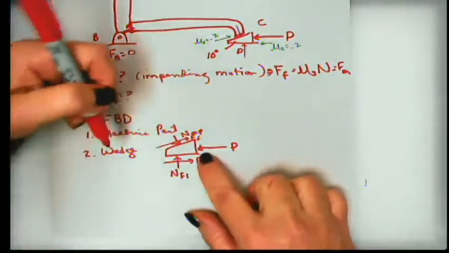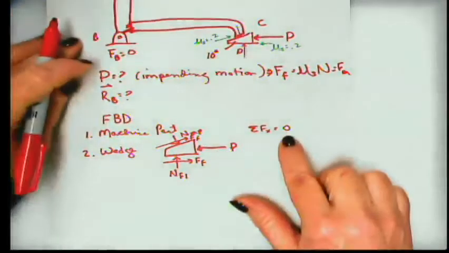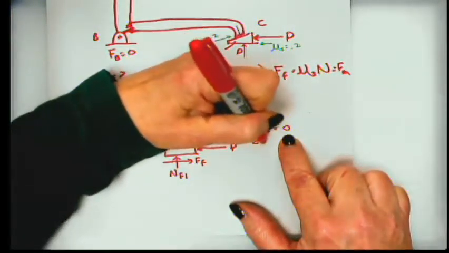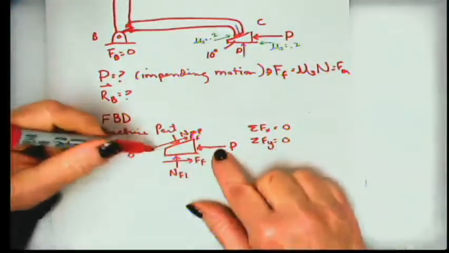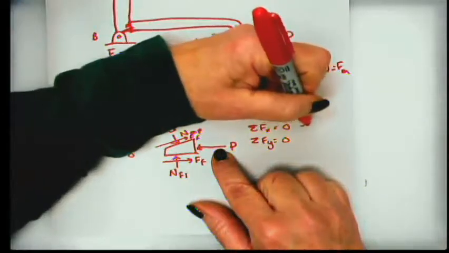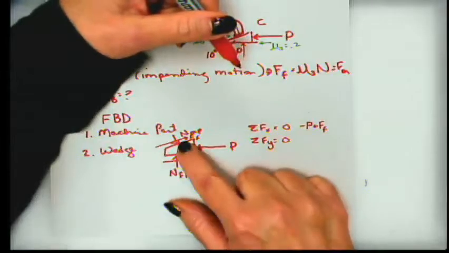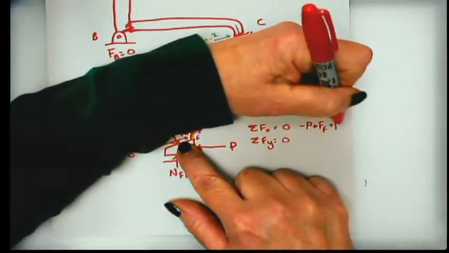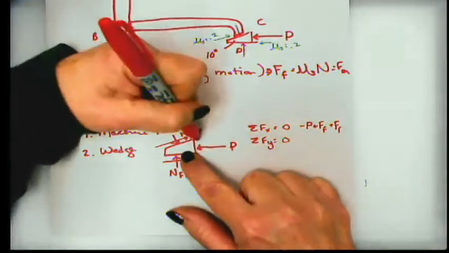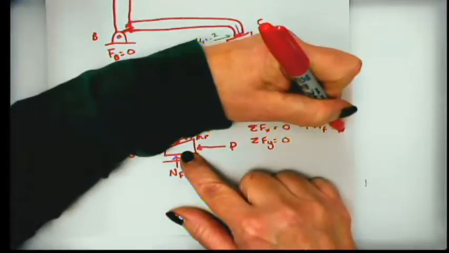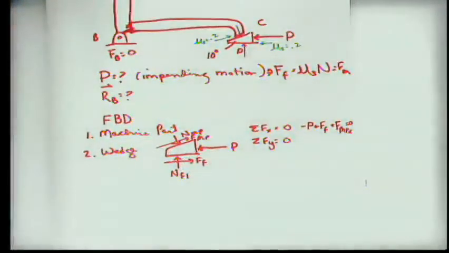So if we just set up summation of forces in x equals 0, right at that moment of impending motion, and summation of forces in y equals 0 on the wedge, what we find is that in the x direction we have minus P plus the force of friction on the floor plus the component of the force of friction on the machine part that's in the x direction, which will equal 0.